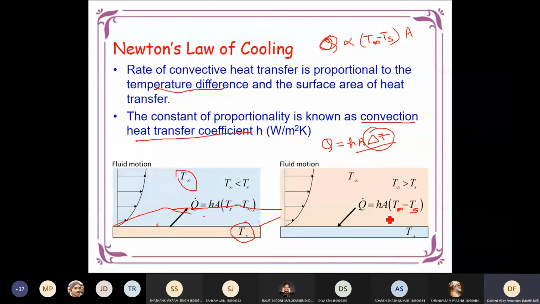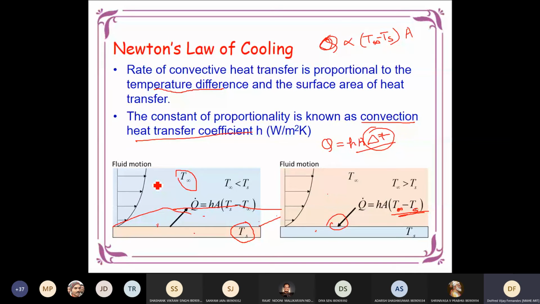The equation remains the same, h A delta T, but we have to put whichever temperature is more first. So this quantity should be taken positive, but the direction you have to know. Obviously, if the fluid is hotter than the surface, then it is from the fluid to the surface. Other case, from the surface to the fluid.